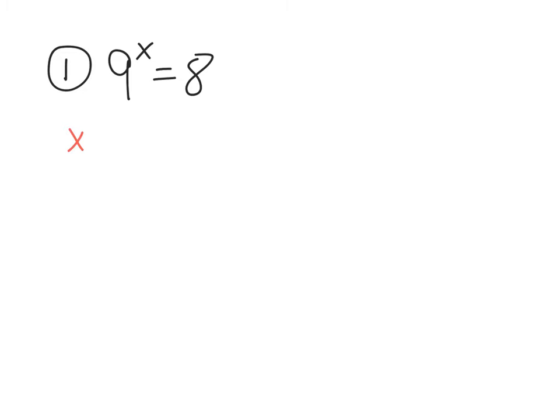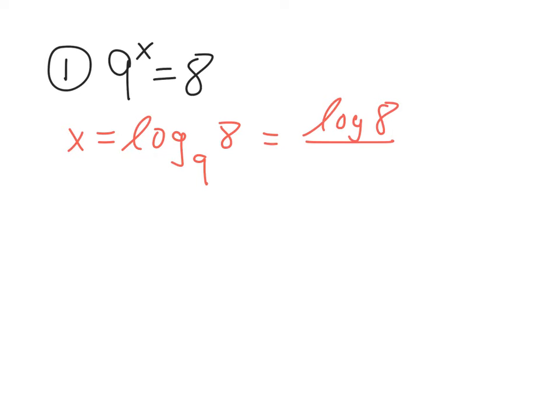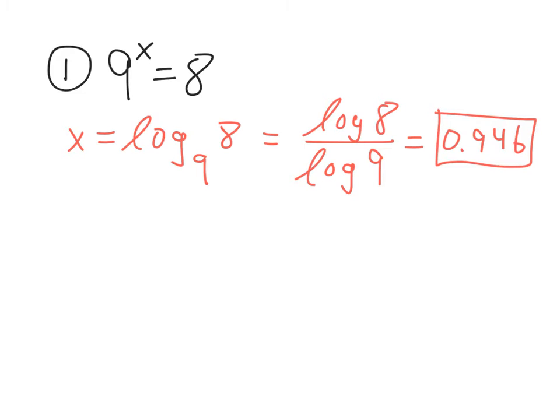We would write x is the exponent on 9 that gives me 8. So I've very quickly transformed this into a logarithm equation, and I can use the change of base rule to just do log of 8 divided by log of 9, and now those are both log base 10. When we put that into the calculator, it comes out to 0.946, and that's rounded to the nearest thousandth.